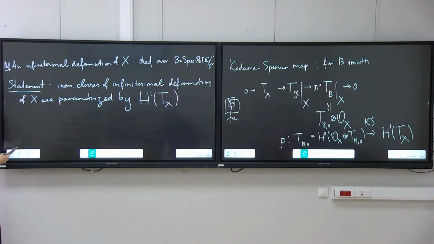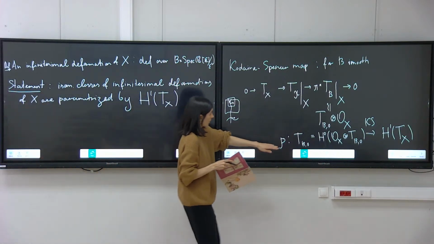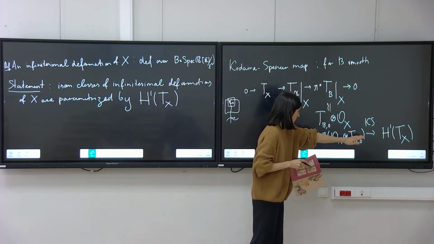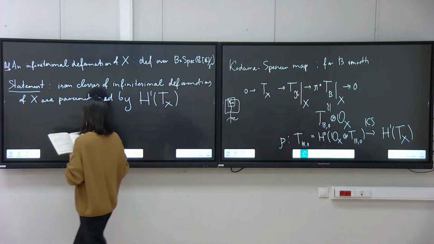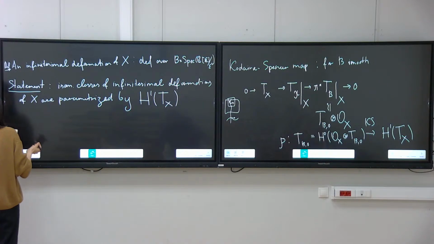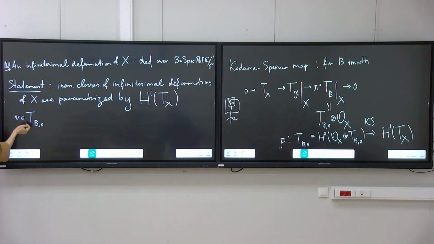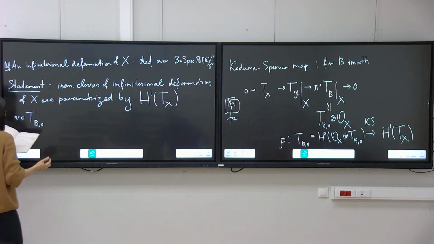And now let me give an interpretation of the Kodaira-Spencer map using this statement. Suppose we have a vector in the tangent space to the base over a distinguished point. Okay?